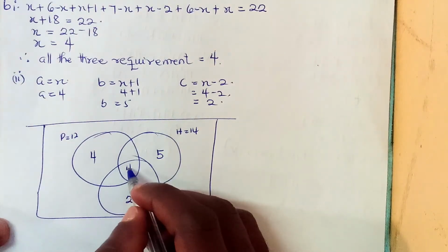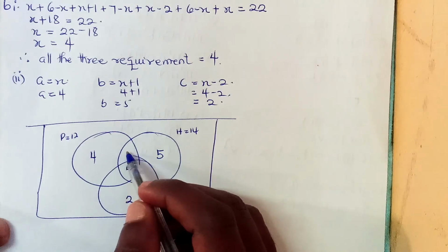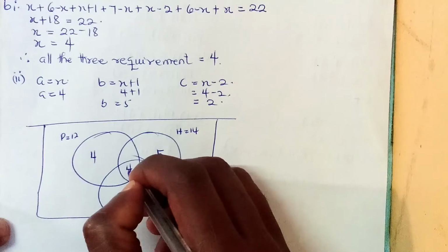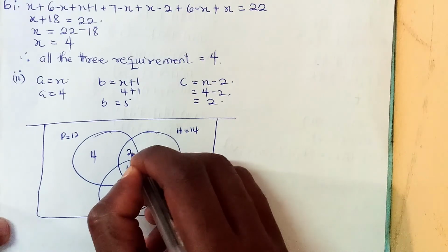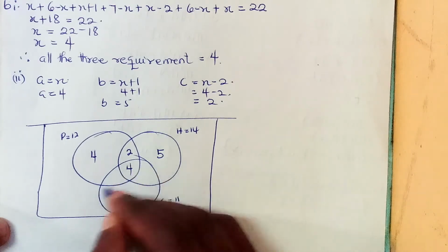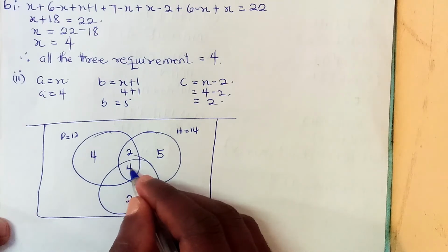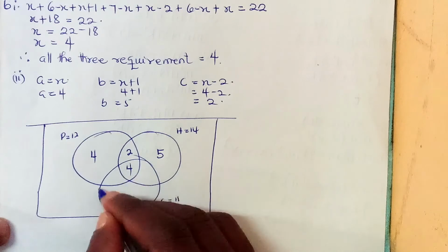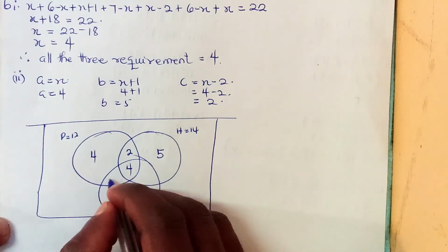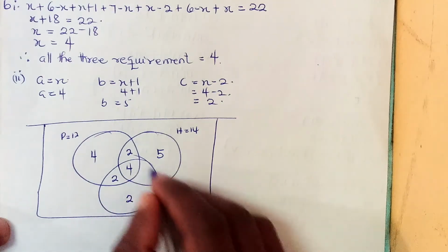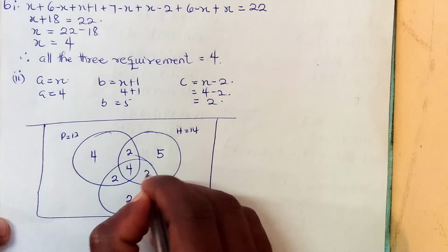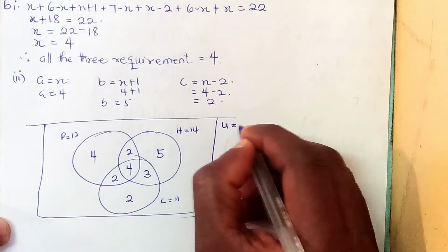Now we have to subtract the 4 from the 6 in the first diagram that we drew. 4 from 6 gives us 2. This whole place was 6, so we had to subtract the x from the 6 to get this portion. Now we subtract the 4 since we know it's the x, so we also get 2 here. Here, the whole of this side was 7. So if you subtract the 4 from the 7, we get a 3. We have our U 22.